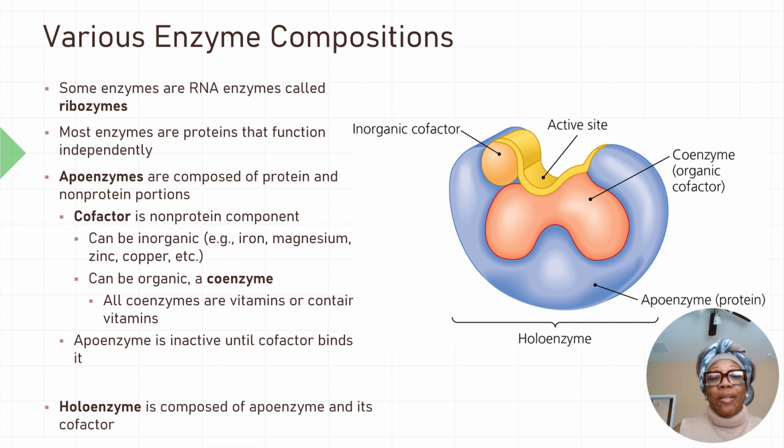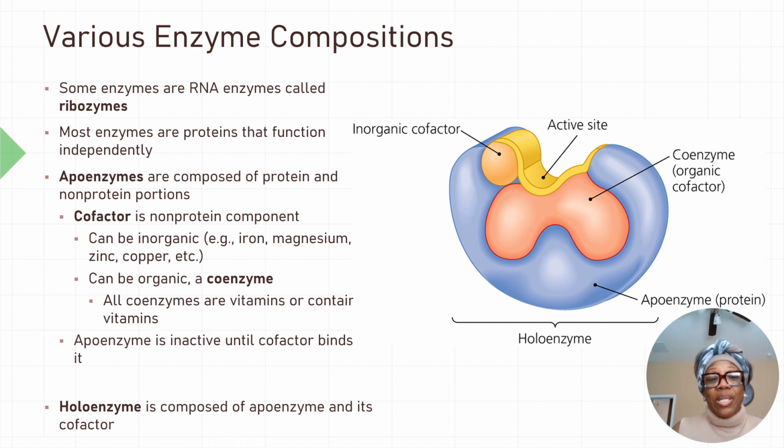If it is organic, then we say that it is a coenzyme. So if the cofactor is organic, then it is called a coenzyme. And all coenzymes are either vitamins or they contain vitamins. So all coenzymes, which are just organic cofactors of apoenzymes, either are themselves vitamins or they contain vitamins.